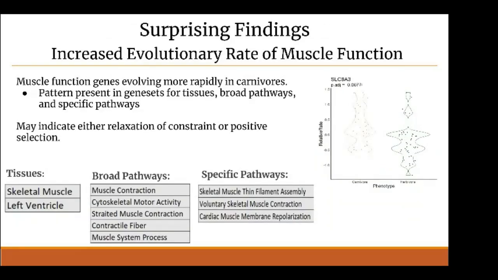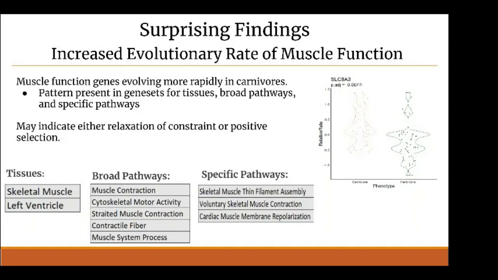In addition, we found something that was surprising and new, which is an increased evolutionary rate of muscle function in carnivores. As I mentioned before, this analysis can be applied at the tissue level, and we see that here in two different places, both skeletal muscle and the heart, cardiac muscle here in the left ventricle.